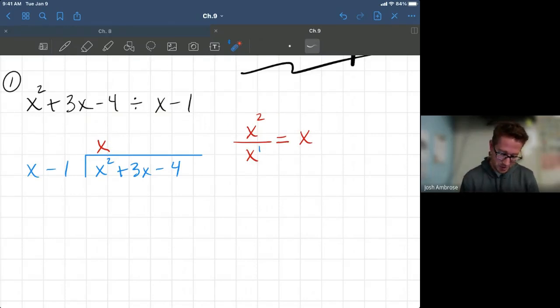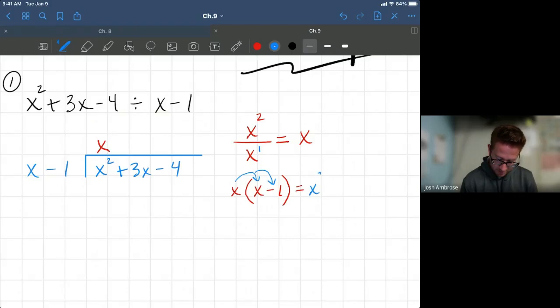Step 2, now you have to multiply the first part of your answer into the binomial that was given to you at the beginning. All right, so that means you distribute and you get x squared minus x. That is step 2.